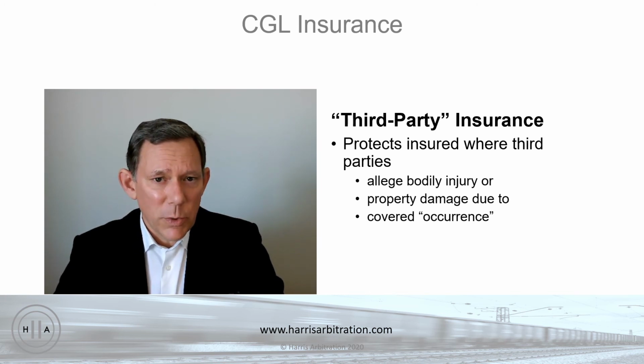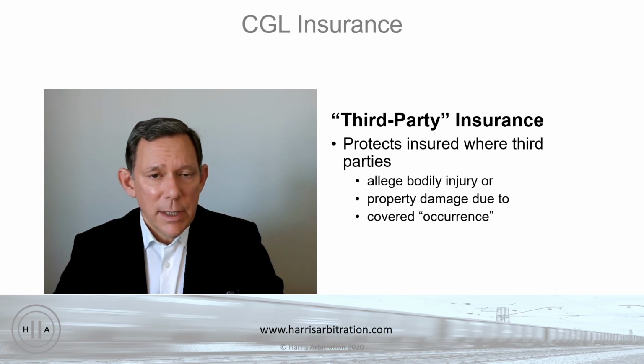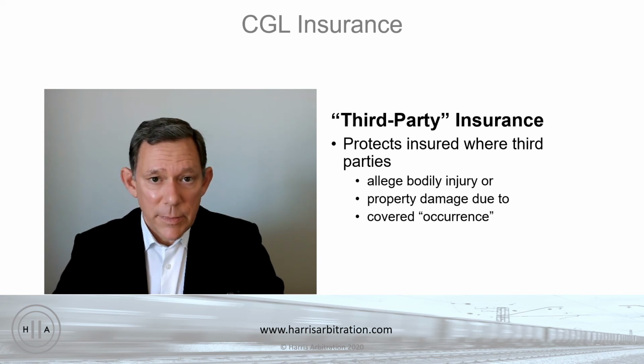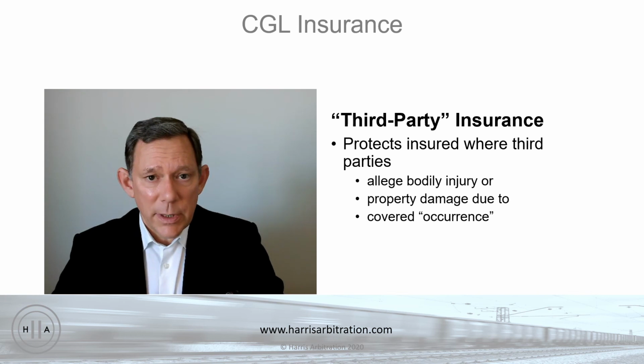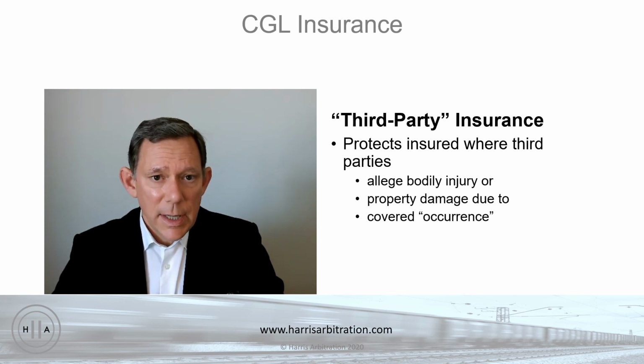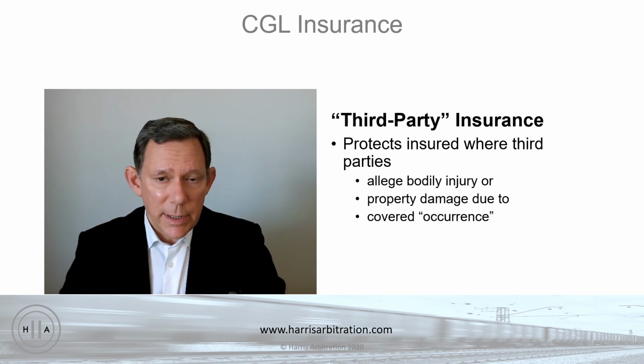It's actually more subtle than that, but for our purposes, it's worth having that in mind as the sort of guiding idea behind CGL insurance. When there's an accident that injures some third party, that is not the insured and not the insurance company issuing the policy, but some third party, CGL insurance is likely implicated.